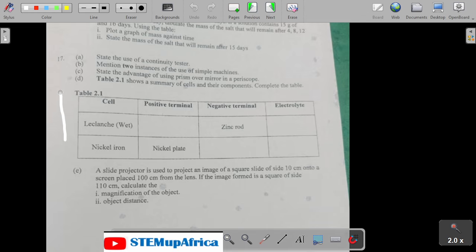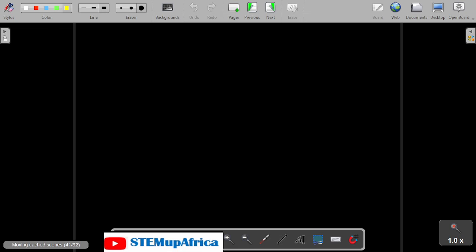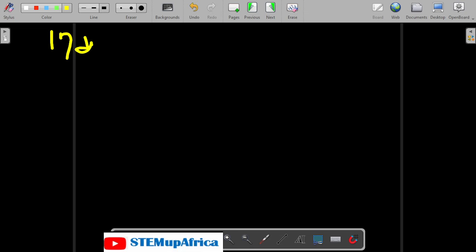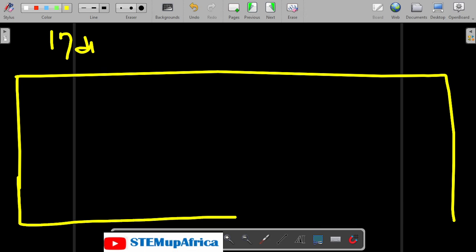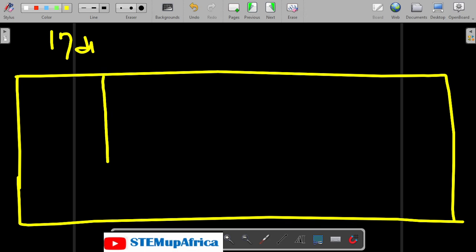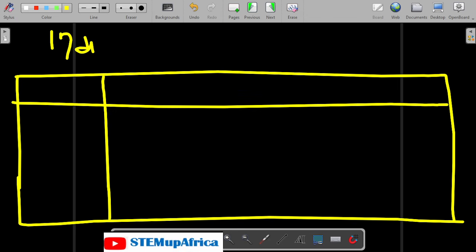Then 17D says Table 2.1 shows the summary of cells and their components; complete the table. So to complete the table, we have something of this nature. We have the positive terminal, negative terminal, and the electrolyte. This is the cell.